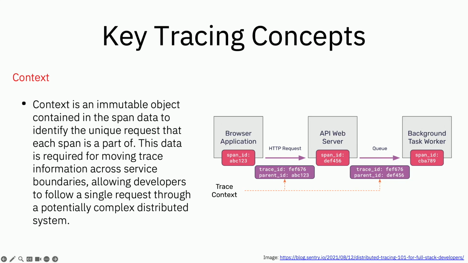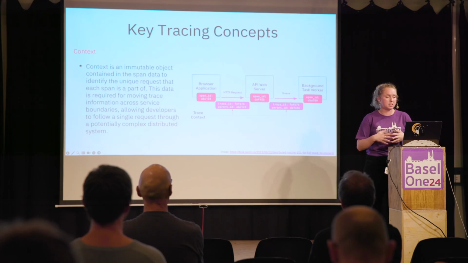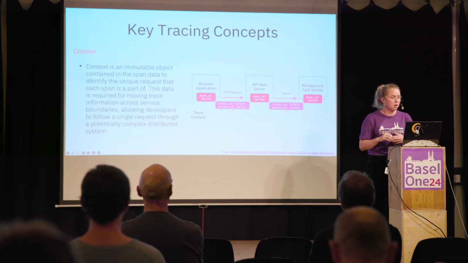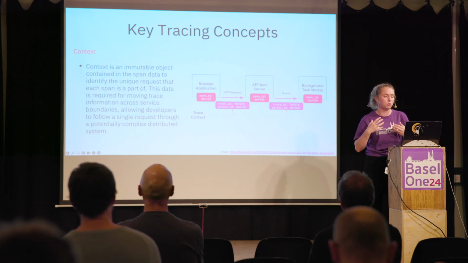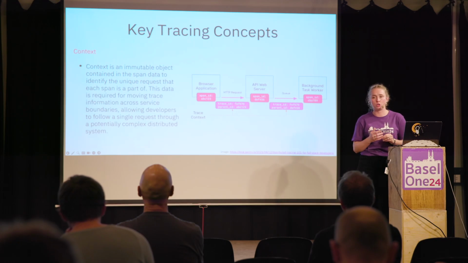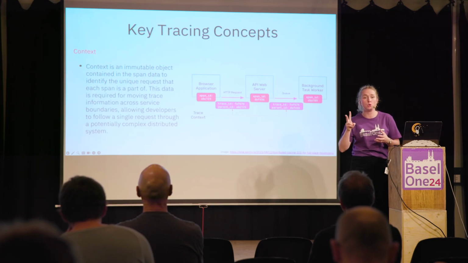And there's the final thing, which is context. This is really where we start to get into that analogy back to medicine, where we're understanding where it fits into the bigger picture. So context is an immutable object that is normally contained within that span data, and it helps us to identify the unique request that it's a part of. Normally, the trace context is typically composed of 2 different things.